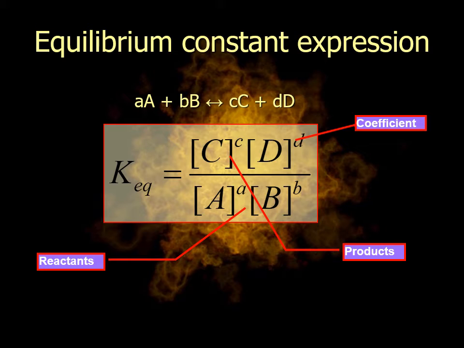So again, it's important to use the balanced equation to make sure the coefficients are correct in order to write the correct expression for K. And always products over reactants. So that's the general idea, how to write an expression for K. So just to emphasize, products over reactants.